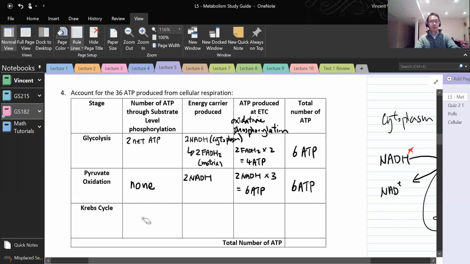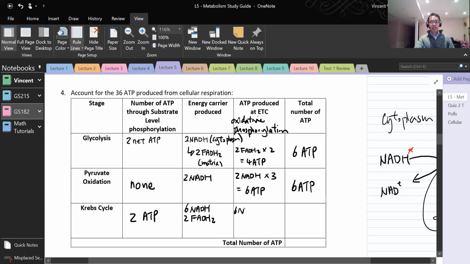All right, here comes the big one, the Krebs cycle. How many ATPs through substrate level phosphorylation? Yeah, per glucose, we have 2 ATP. Energy carrier: if you remember from the chart from the first page, 6 NADH, 2 FADH2, and that's it.